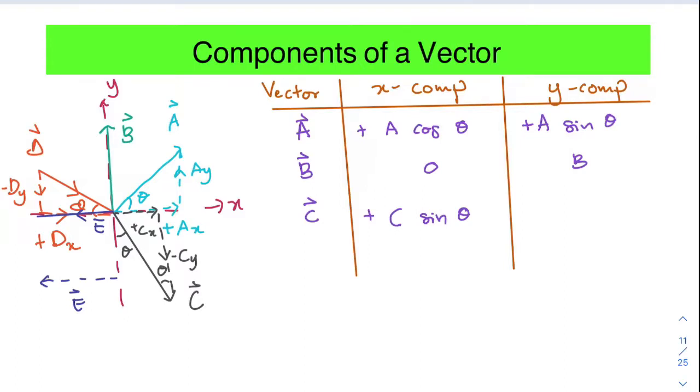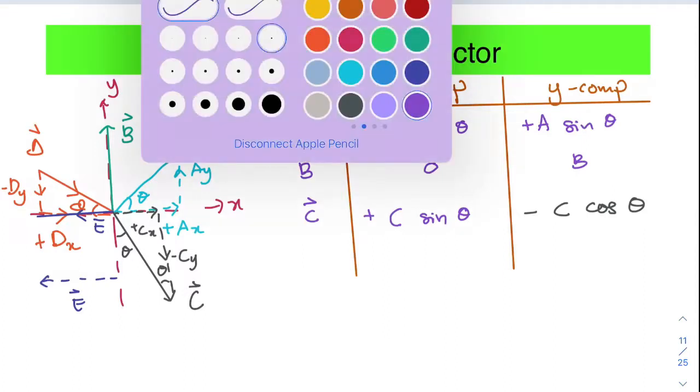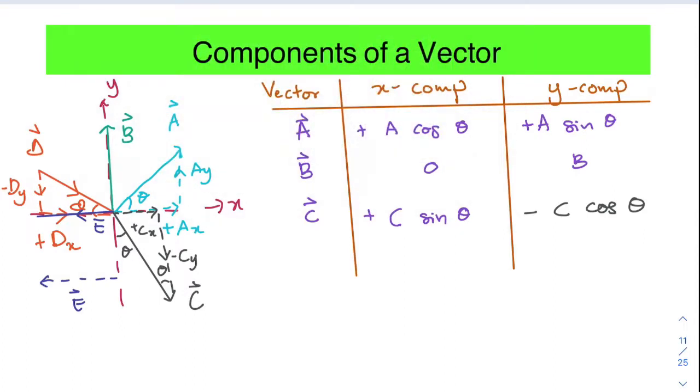Then for the y component, it's negative C, the hypotenuse, cos theta.